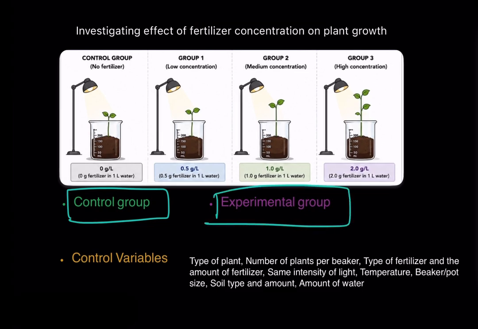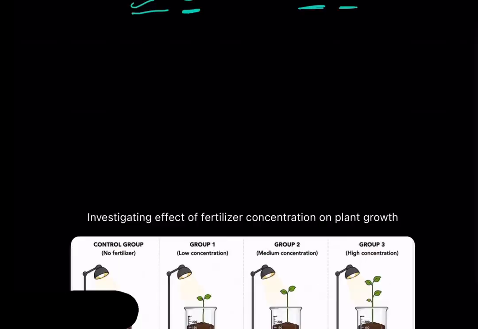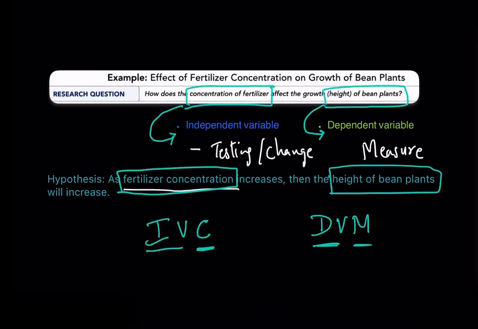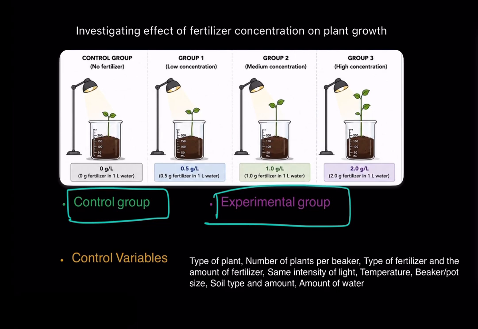So what's the control group? If you can recall, control group is the group that does not receive the independent variable. And what's the independent variable in our experiment? We know it's the concentration of fertilizer. So your control group does not receive any fertilizer. So 0 gram fertilizer. That's our control group, no fertilizer.